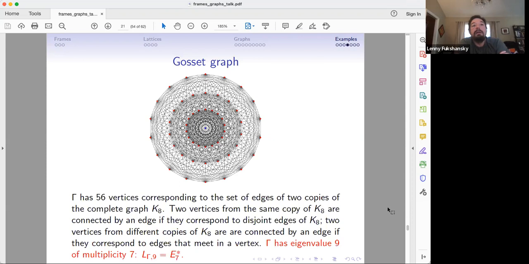Here's another famous graph, the Gosset graph, with 56 vertices. Let me not talk much about how to construct it, but it's a famous graph, and it has an eigenvalue 9 of multiplicity 7. And that leads to the lattice E7 star.